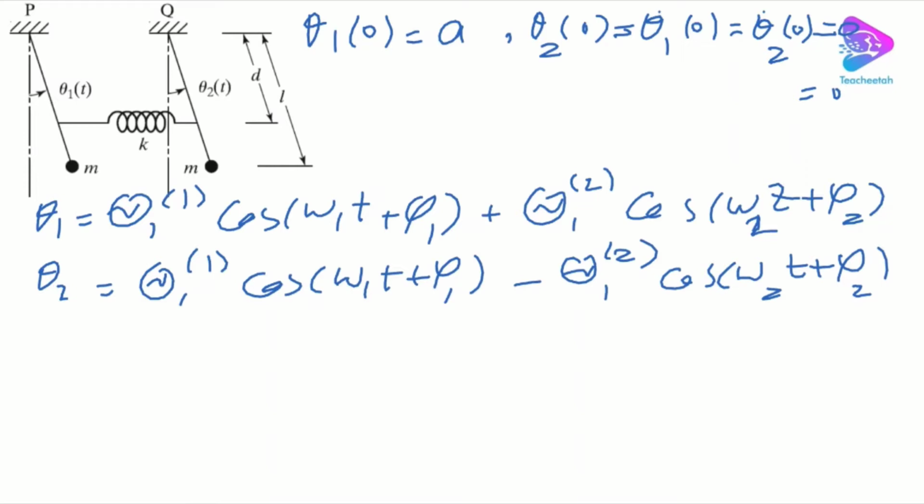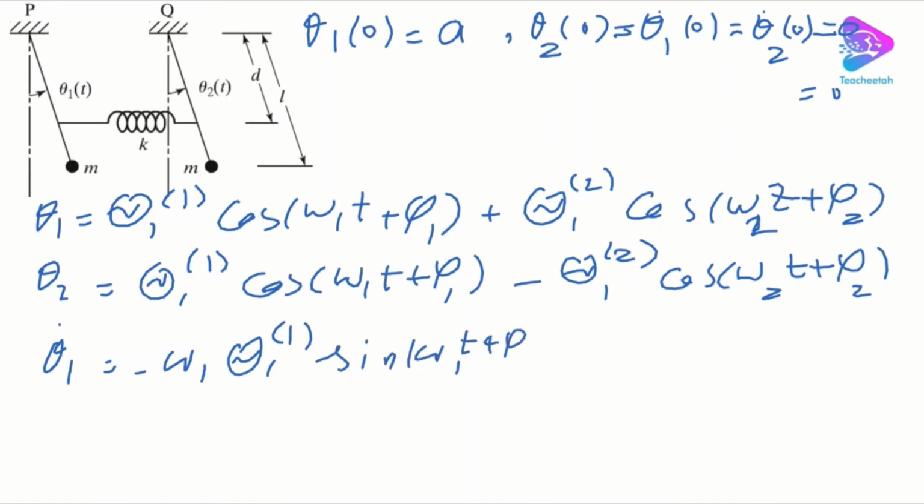So if we take the derivative, we got theta dot 1 equal to minus omega 1 theta 1 1 sine omega 1 t plus phi 1, minus omega 2 theta 1 2 sine omega 2 t plus phi 2, right?